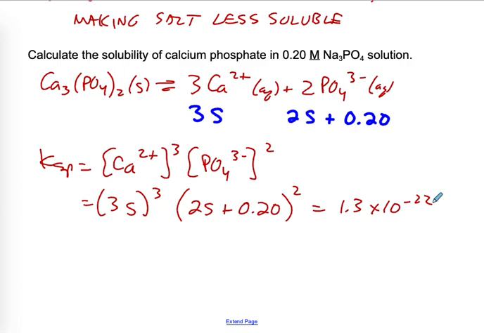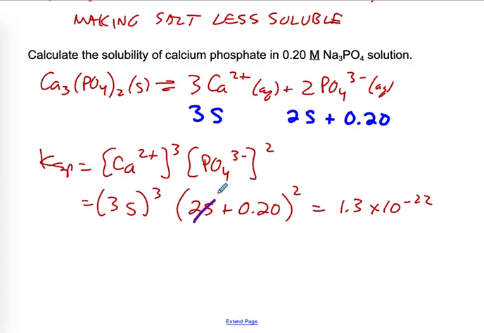Now, 0.20 is a fairly large initial concentration of phosphate, and because Ksp is so small, we're going to make the simplifying approximation that 2S is so small as to be negligible in comparison with 0.20, so we will simply ignore it.